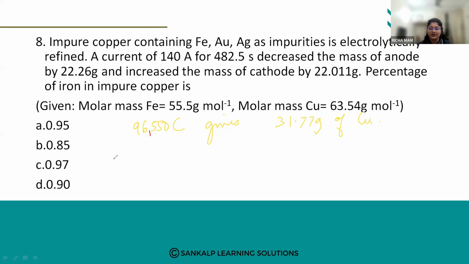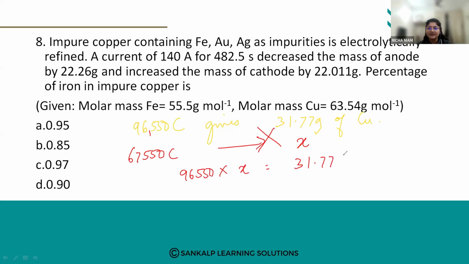Cross multiply: 96,550 into x is equal to 31.77 into 67,550. X is equal to 31.77 into 67,550 divided by 96,550. Just see how much you are going to get.